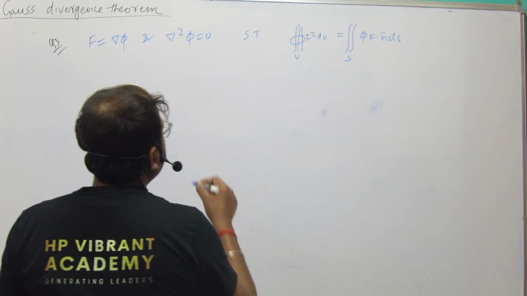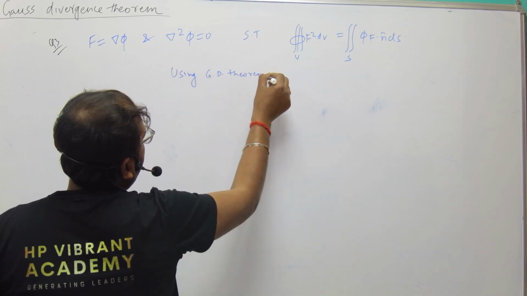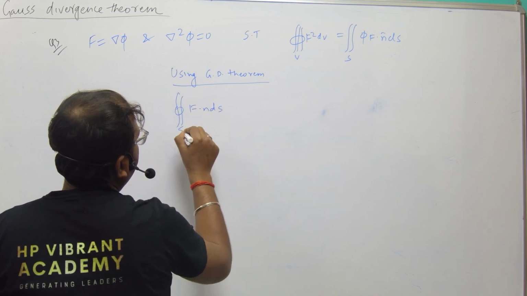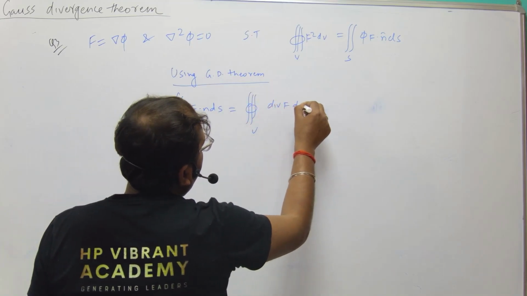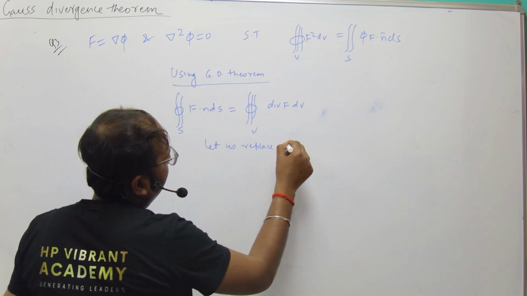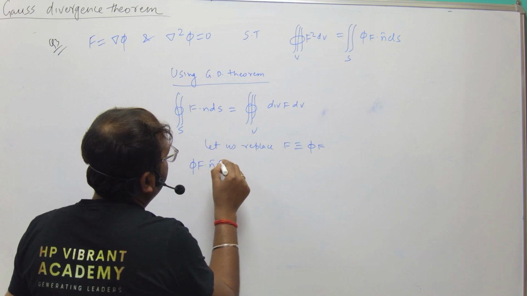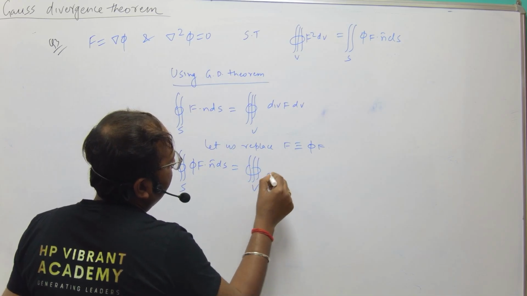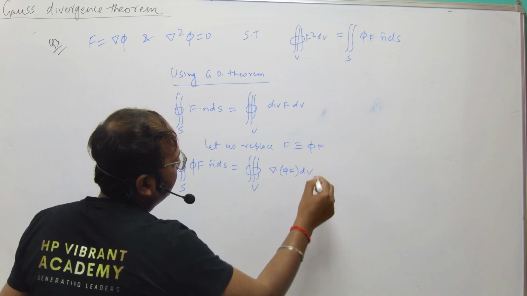So using the Gauss divergence theorem, we have the surface integral of F dot n cap dS along the surface S is equal to the volume integral of divergence of F dV. Let us replace F with phi F. So the surface integral of phi F dot n cap dS is equal to the triple integration along the volume V of del dot phi F dV.